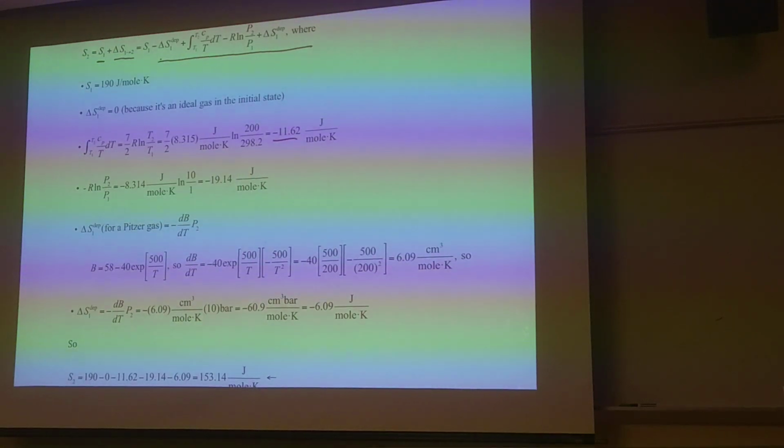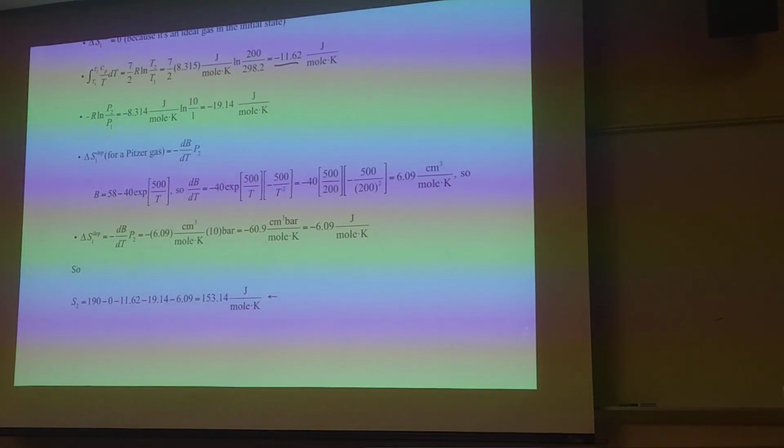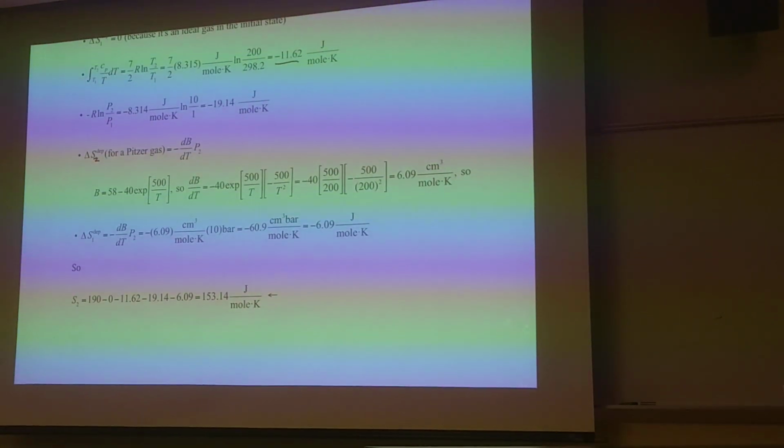And then a little more work here for the departure. This would be actually for state 2 in our case here for a Pitzer gas is minus dB/dT times P2. This calculation was actually done in one of your homework problems, so you could go back and take a look at that where we differentiated the second virial coefficient. But I do it here again, as you can see.